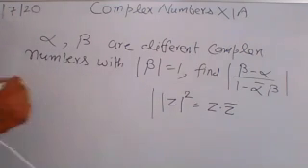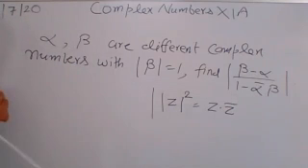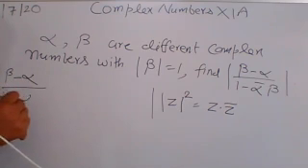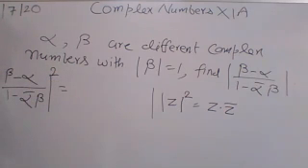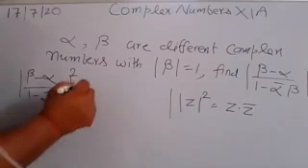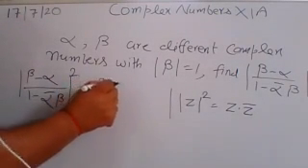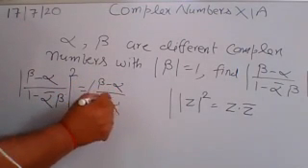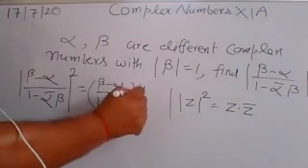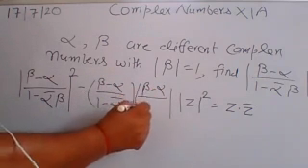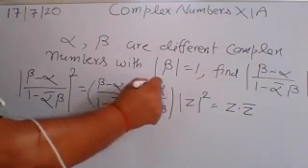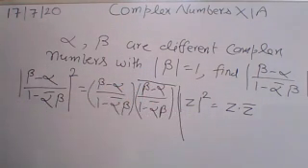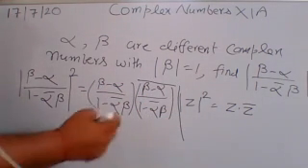Due to that property, you can write mod of (beta minus alpha) upon (1 minus alpha bar beta) whole square is equal to (beta minus alpha) upon (1 minus alpha bar beta) into the conjugate of the same, that is, (beta minus alpha) upon (1 minus alpha bar beta), and here you take the conjugate over the whole. Understand? So here you are applying this property.